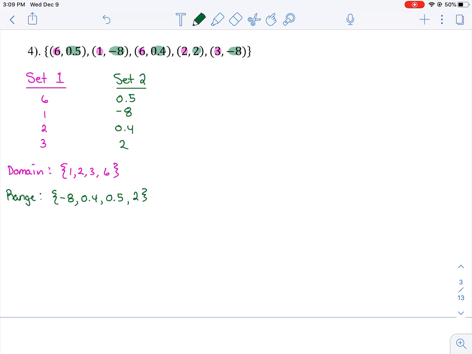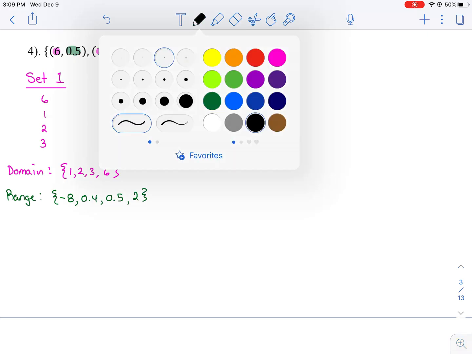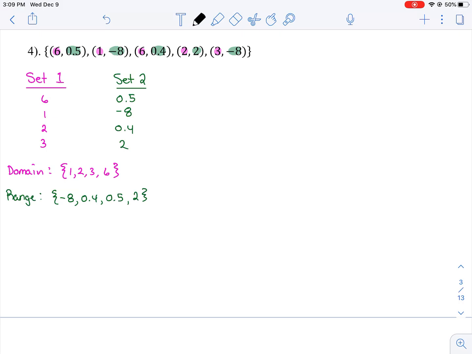Now to determine if this relation represents a function by checking all of the correspondences. So here 6 corresponds to 0.5, 1 corresponds to -8, 6 corresponds to 0.4 also, 2 corresponds to 2, and 3 corresponds to -8.